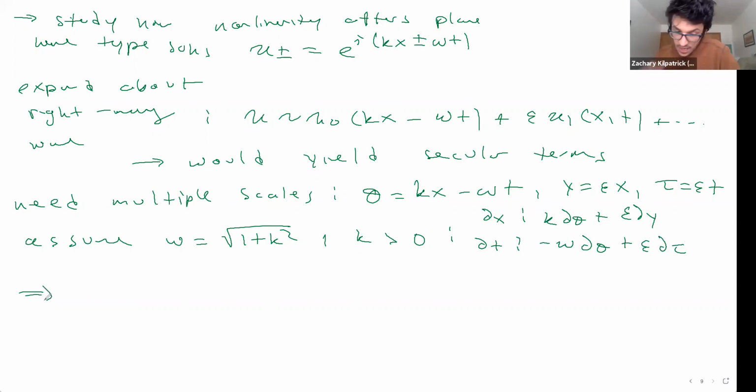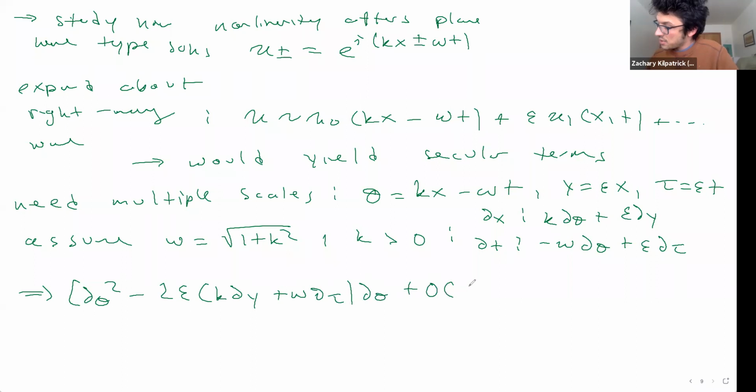So this means that our PDE becomes (d theta squared minus 2 epsilon (k d/dy plus omega d/dtau) d/dtheta plus some order epsilon squared terms) acting on u, plus u plus epsilon u cubed equals 0.